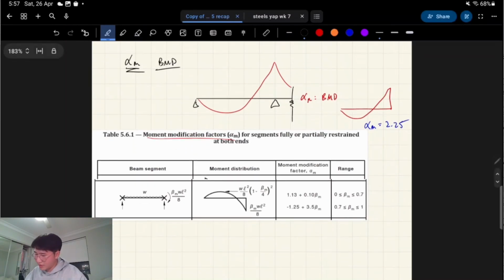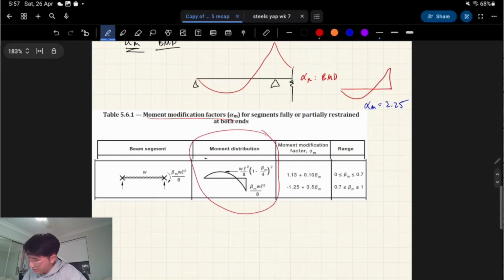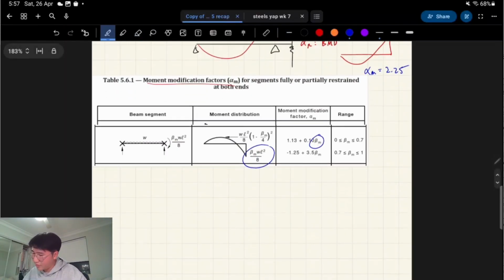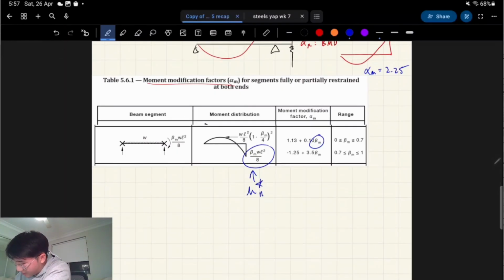It's a little bit confusing, but the idea is we want to focus on this part. We want to work out beta m. Let's do it in blue. So beta m is when we have our M star max, correct?